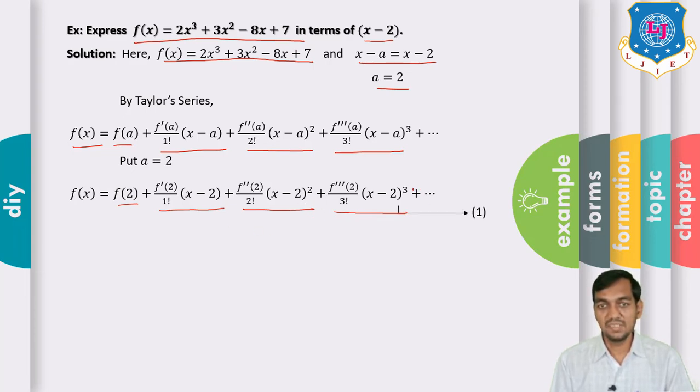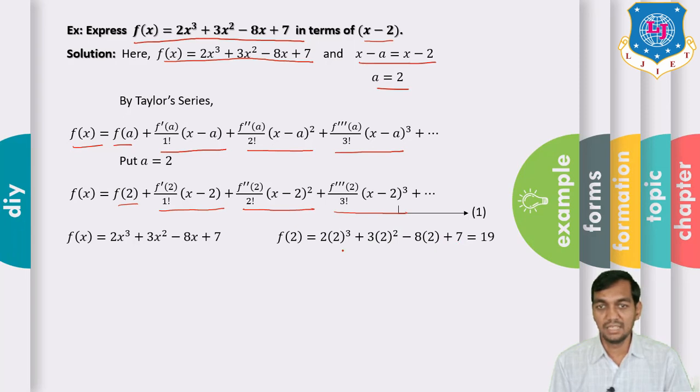Now, this is equation 1. Here you have to substitute the values of f(2), f dash 2, f double dash 2, f triple dash 2 and so on. So we are starting with f(x). Here f(x) is this, so if you put f(2), then you will get 2 into 2 cube plus 3 into 2 square minus 8 into 2 plus 7, and simplification gives a value 9.